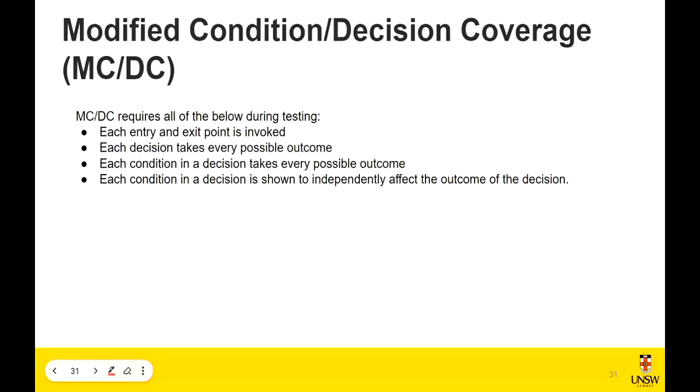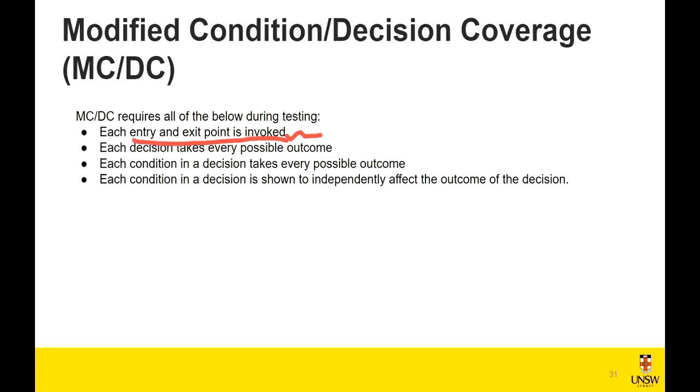If we want to have a comprehensive test suite to achieve full MCDC, it requires all of the following conditions to be true. The first one is that each entry and exit point is invoked in the entire program. But here, since we are dealing with only one function, we can ignore this.